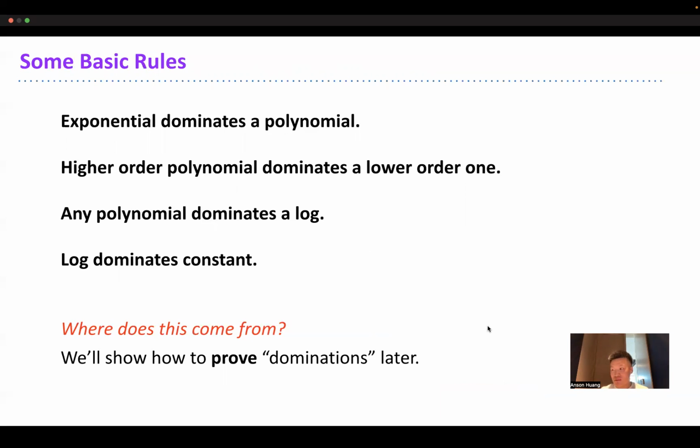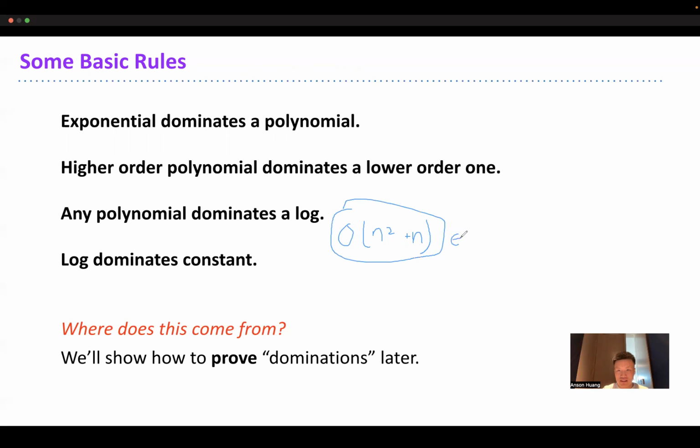That basically just means that if a method has a runtime of, say, O of n squared plus n, dominates just means that you take the biggest runtime in this runtime function. So in this case, n squared is bigger than n.